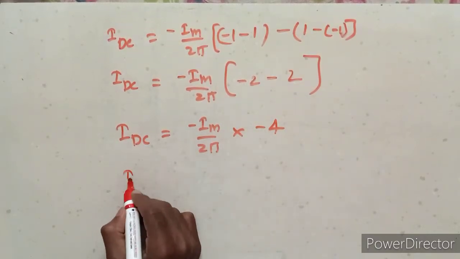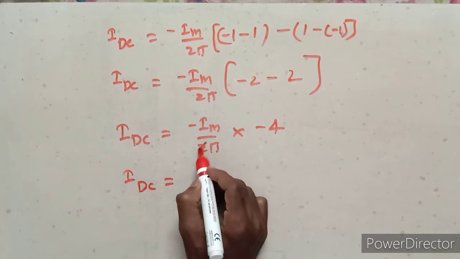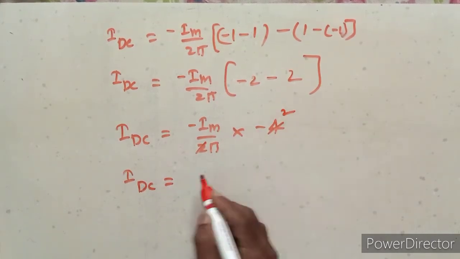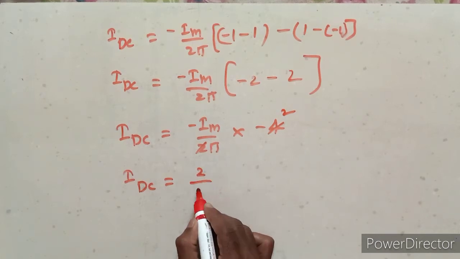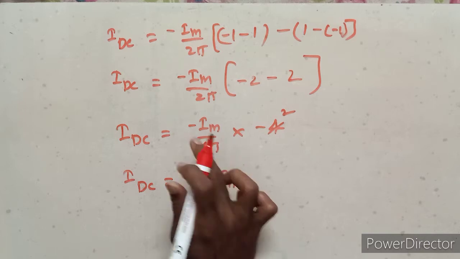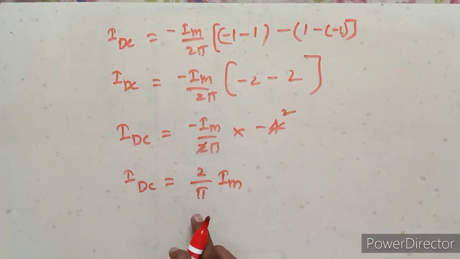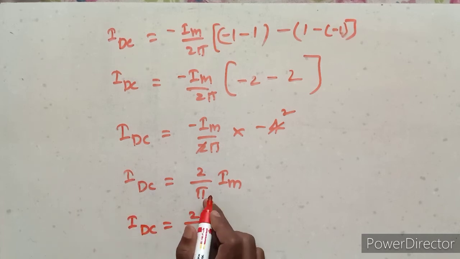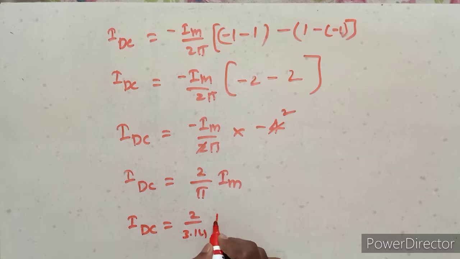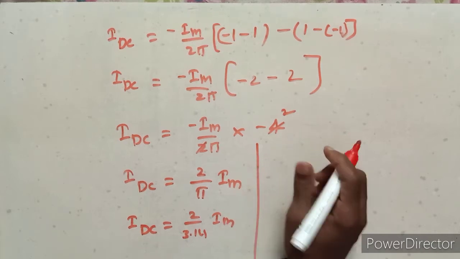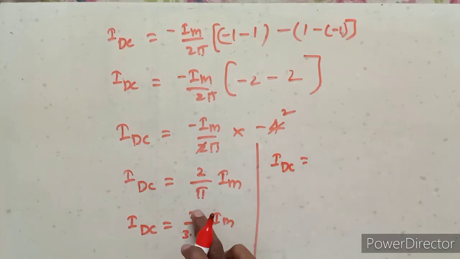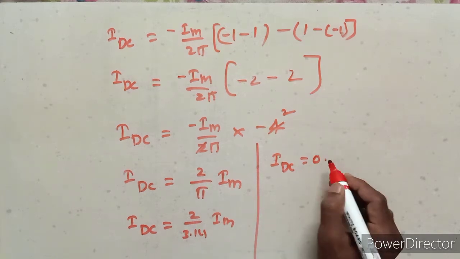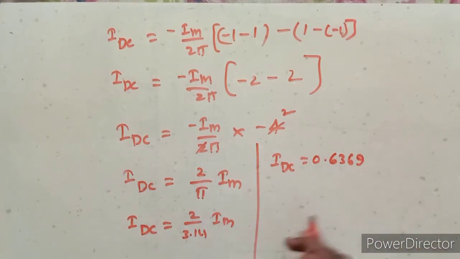Minus into minus is plus, so the dc value of the current equals 2 Im upon pi. This can be written as 2 upon pi, where pi is 3.14, into Im. So 2 upon 3.14 equals 0.6369 into Im.